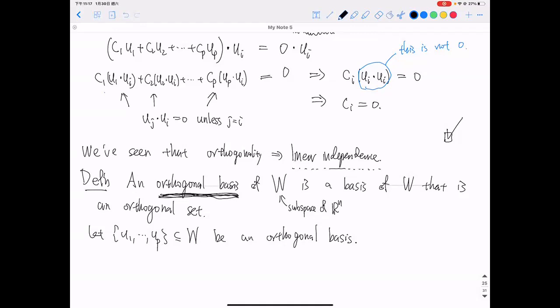Now, suppose you have such a basis, consisting of U1 through UP. If these vectors all have length 1, then... hold on.